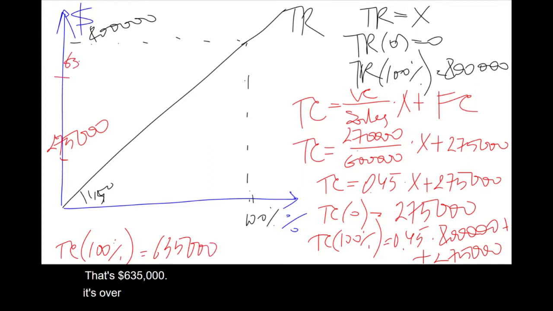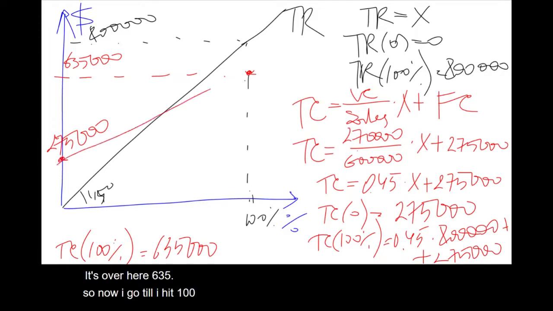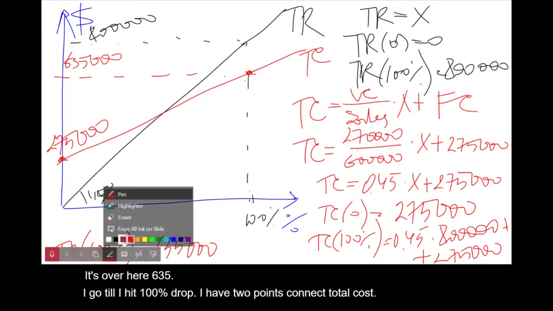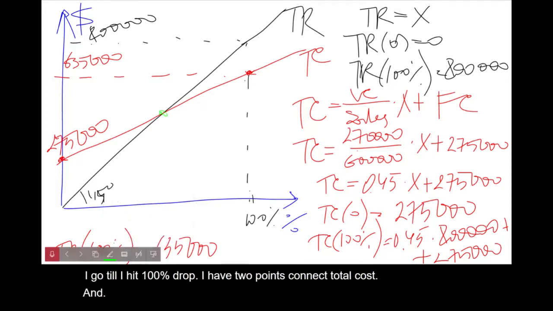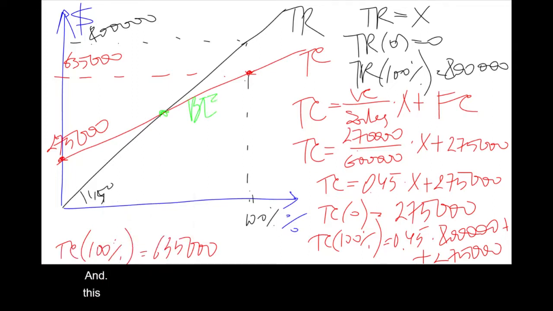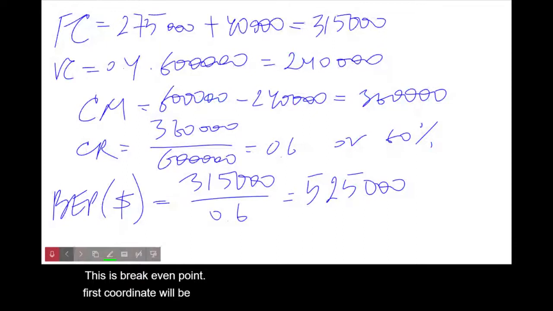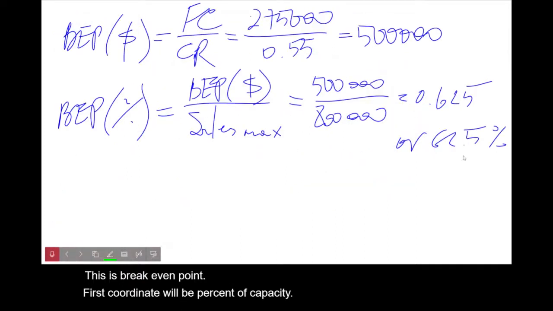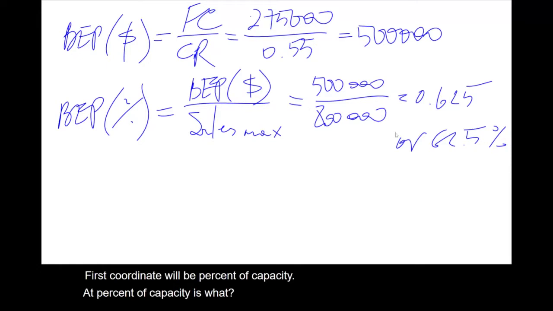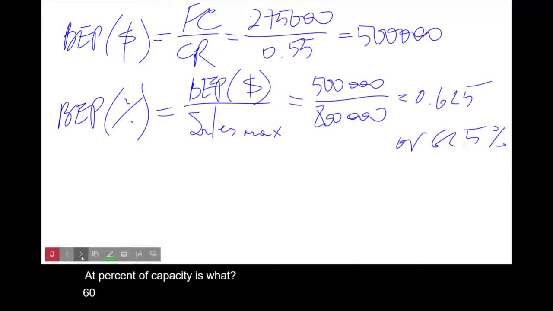Somewhere here, 635. So now I go till I hit 100% drop. I have 2 points, connect, total cost. And this is break-even point. First coordinate will be percent of capacity, and percent of capacity is what? 62.5%.